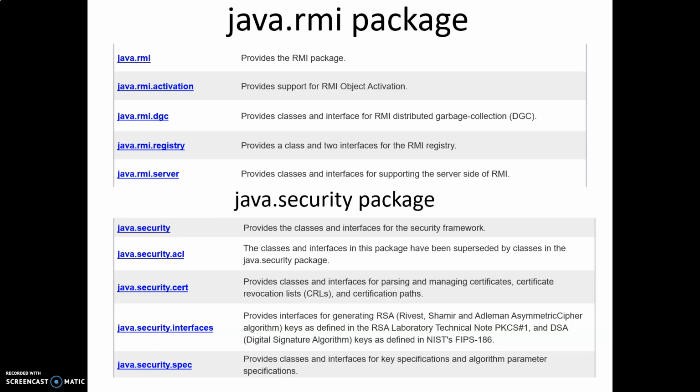Along with that, we have the security package, which helps in securing all the .class files present inside our Java by making use of network security algorithms like the RSA algorithm, that is Rivest, Shamir and Adleman asymmetric cipher algorithm, the digital signature algorithm, and so on. So all these algorithms are used inside the java.security package.